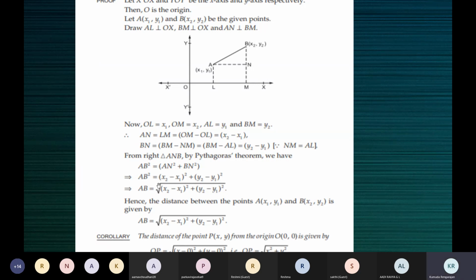AB square is simply x2 minus x1 the whole square plus y2 minus y1 the whole square. AB is square root of this one. So sometimes we may be taking AB square, PQ square and stuff like that. Then don't use the square root symbol, that's all.